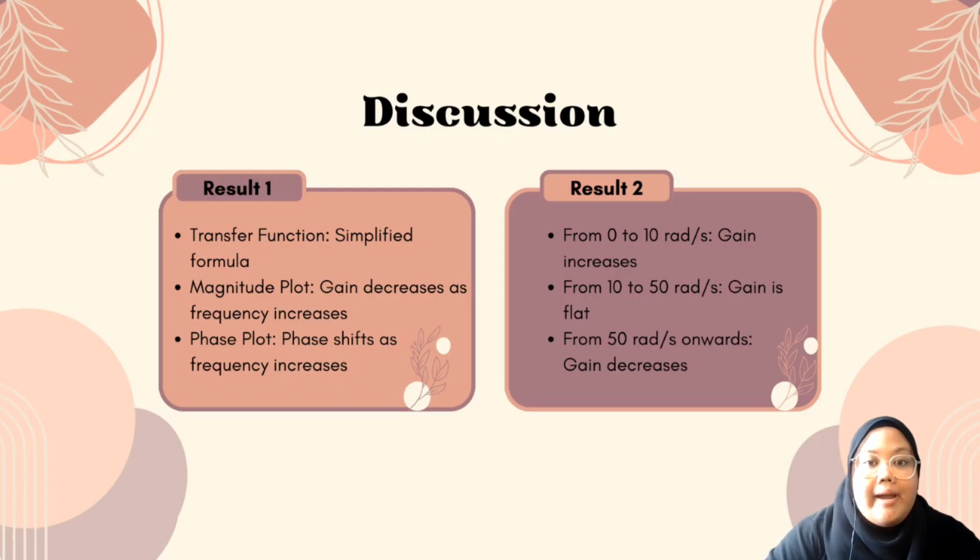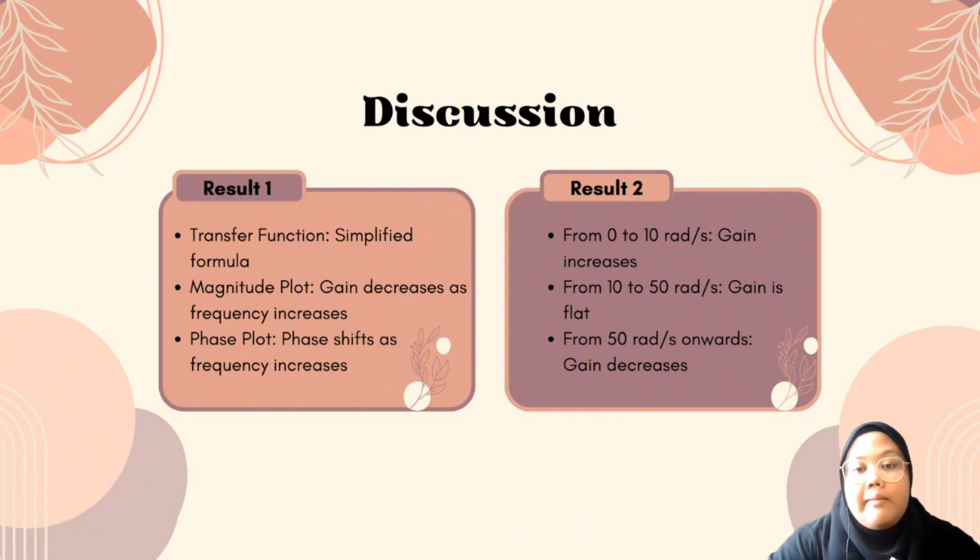Hi guys, I'm Sarah and I will continue with the discussion part. For the first part, in this analysis, we use Bode plots to demonstrate how the system's gain and phase shift as the frequency changes, which is crucial for designing and understanding control systems.